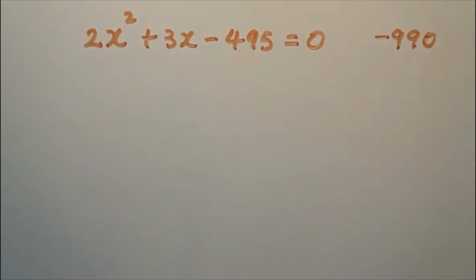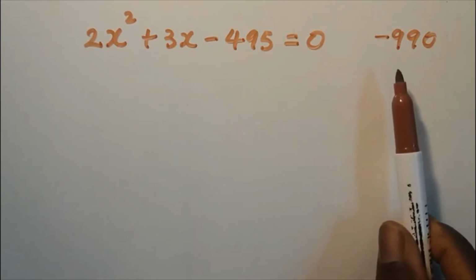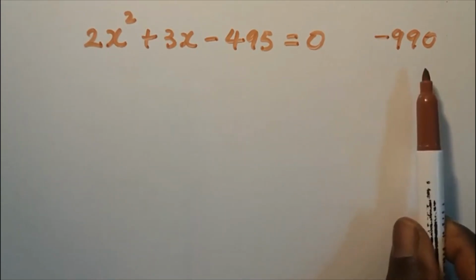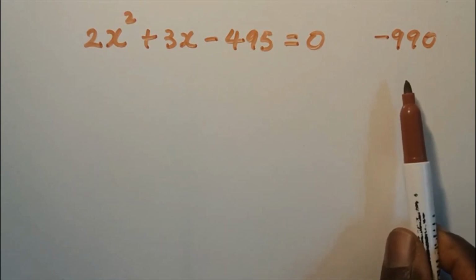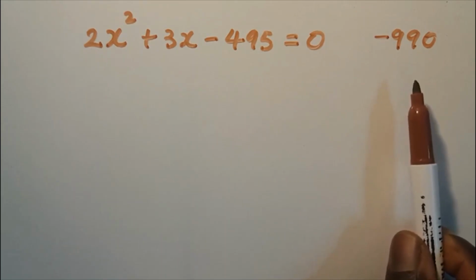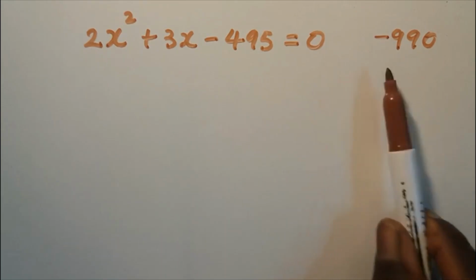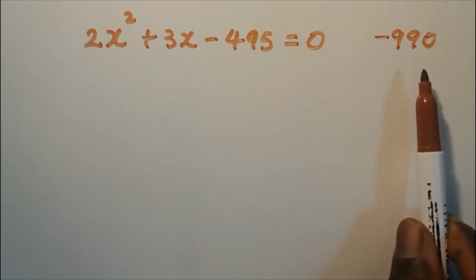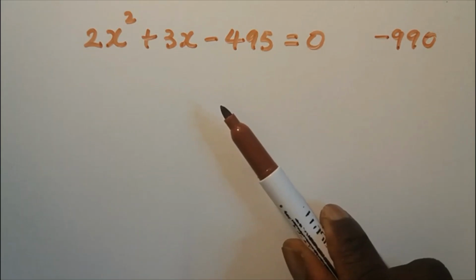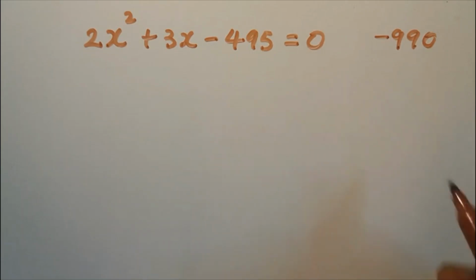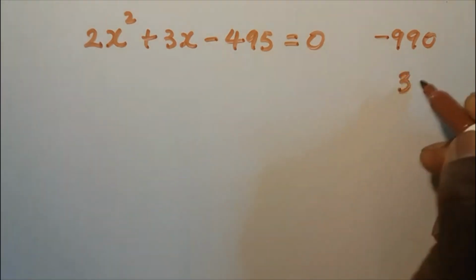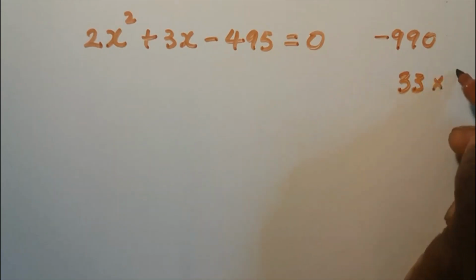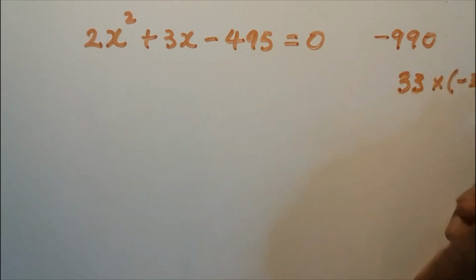What I've done is use the breakdown of prime factors of 990 and then looked at products that will combine to give me this result of minus 990, and when added will give me 3, the coefficient of x, and I came up with 33 times minus 30.